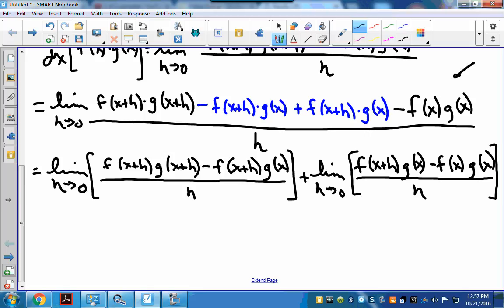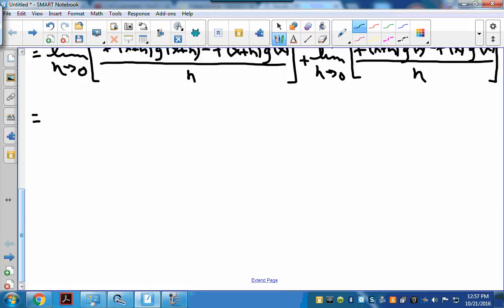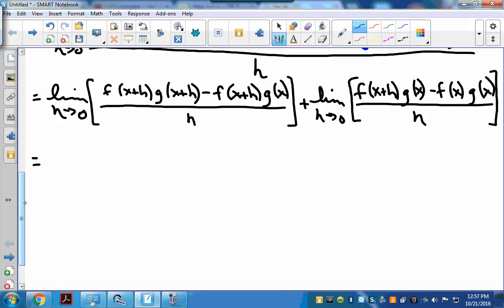Okay. For this first term here, I see a common f of x plus h, and I'm going to factor that out. I have the limit as h goes to 0 of f of x plus h times, let's see if I can do this with braces so that I can keep track of what's going on. F of x plus h, I'm factoring this out.